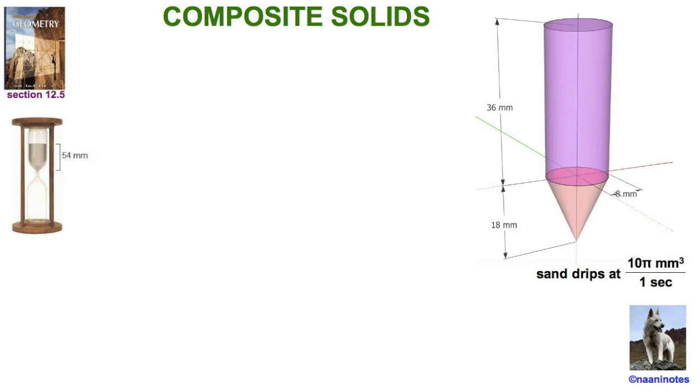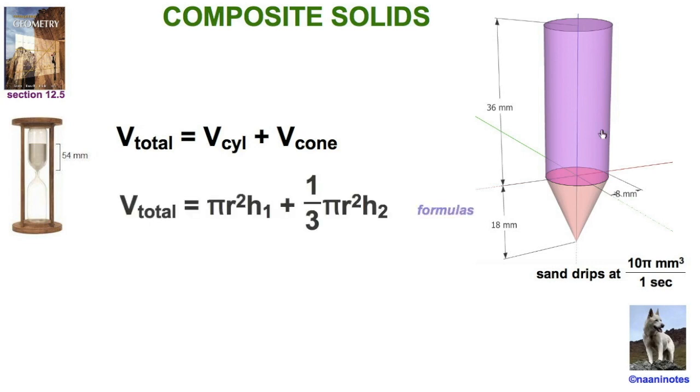We're going to fill it with sand, so its volume is going to be the volume of the cylinder plus the volume of the cone. We know the formula pi r squared h for the cylinder, and in this case 1/3 pi, same r squared, different h for the cone.